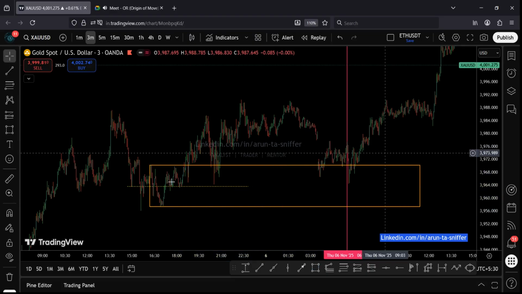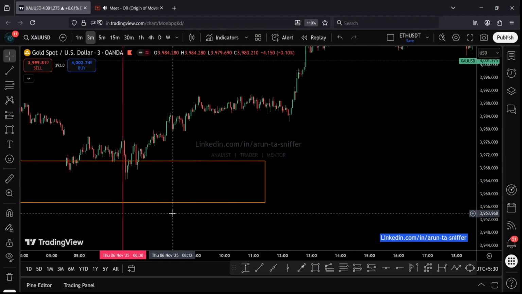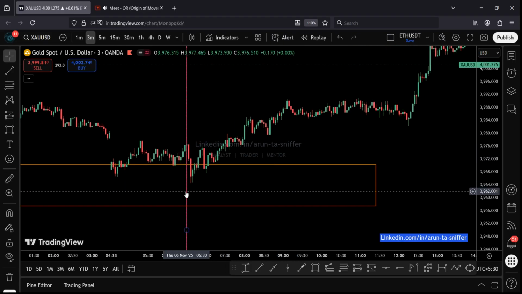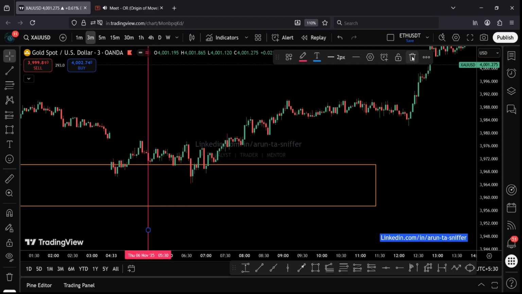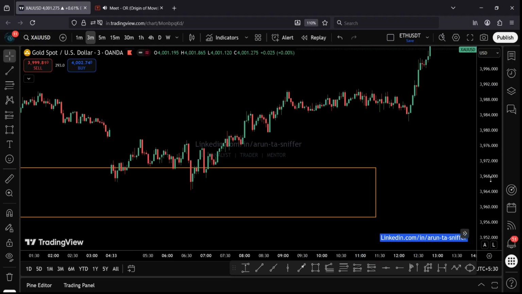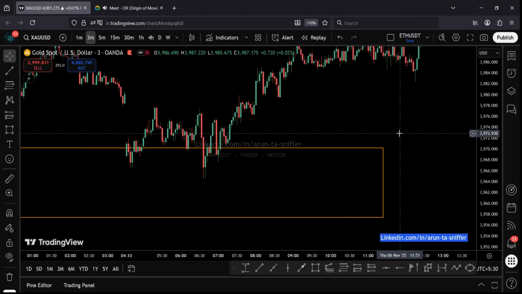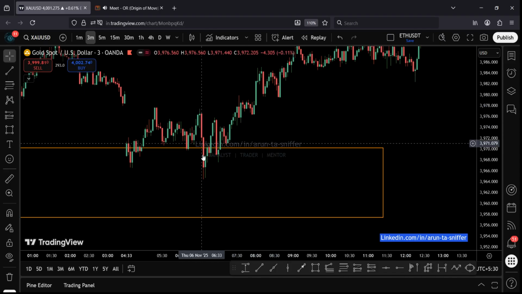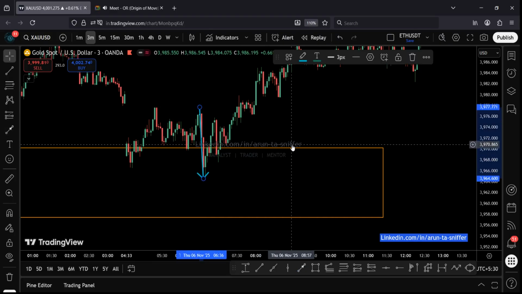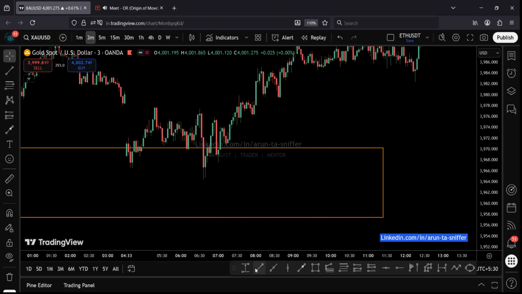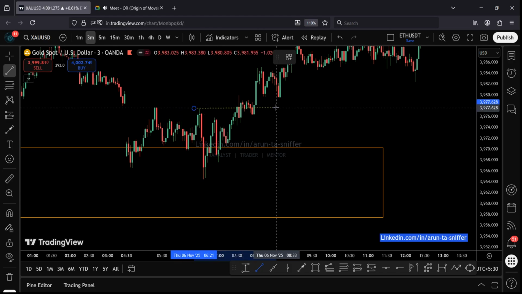Okay, the price has hit our true zone. And coming from here to here, last leg coming from here to here. Okay, so what we will do, we will draw a line from here to here.